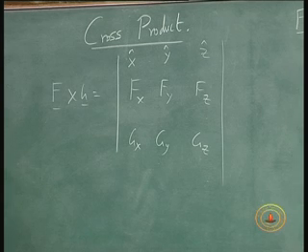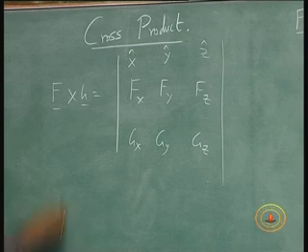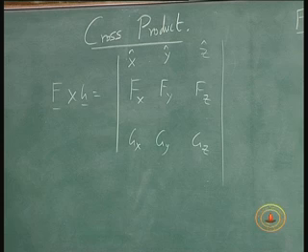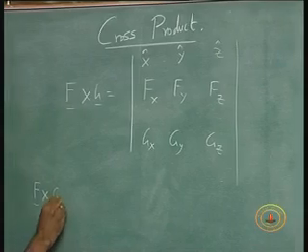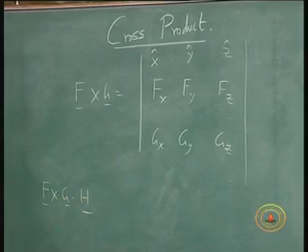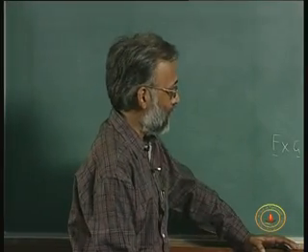Now, why is that important? Well, one of the important applications that immediately comes is if I wanted to take the cross product and dot product it with something else. So, supposing I said f cross g dot h. What would happen?